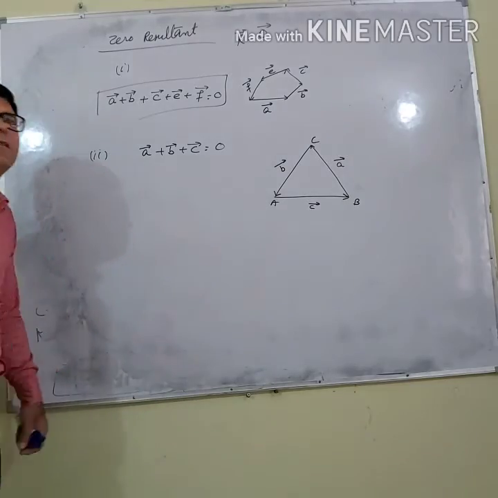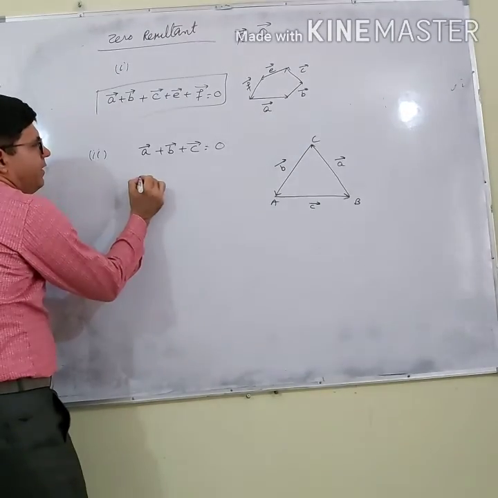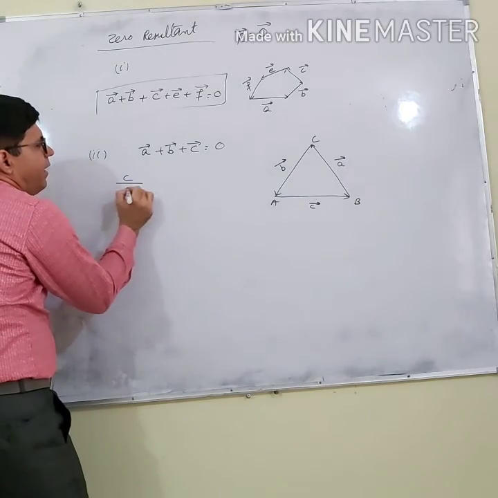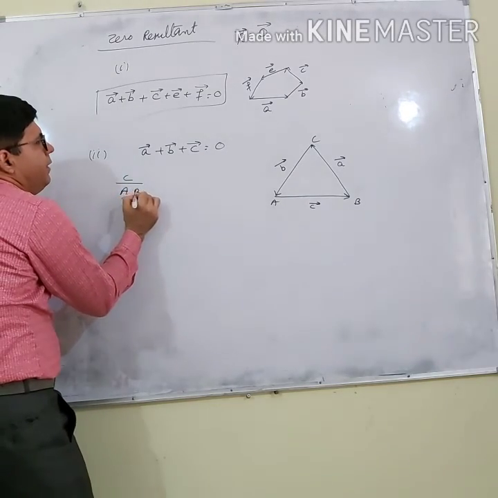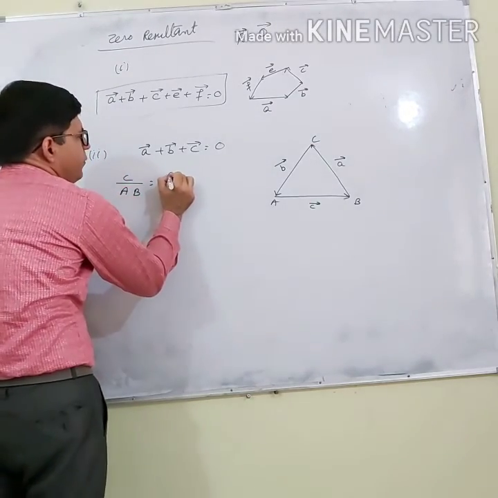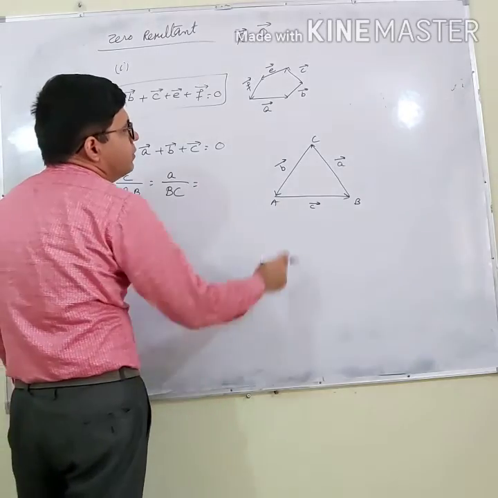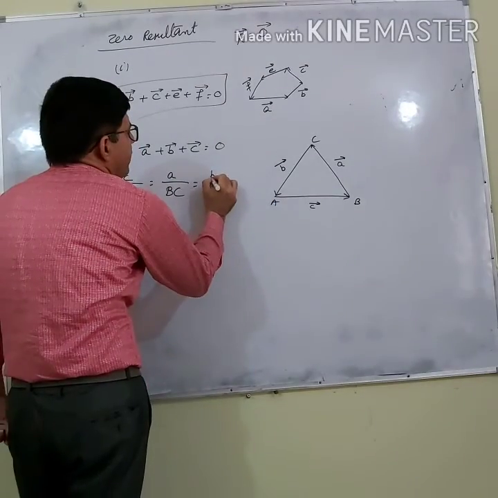Why? Because they are in the same order. If this happens, I can write C upon AB equals A upon BC equals B upon AC.